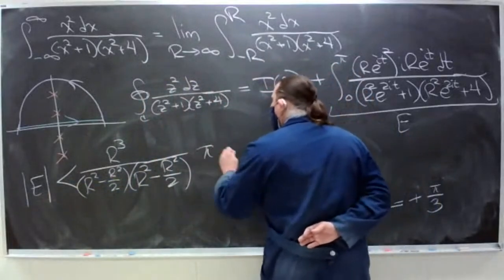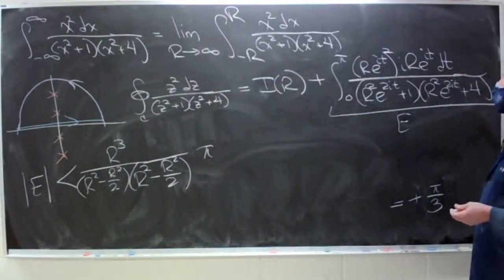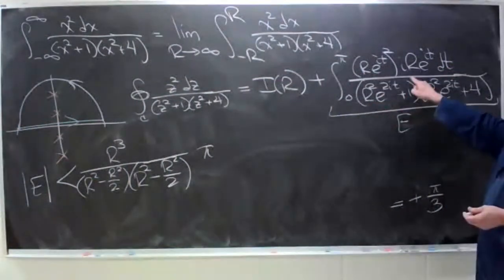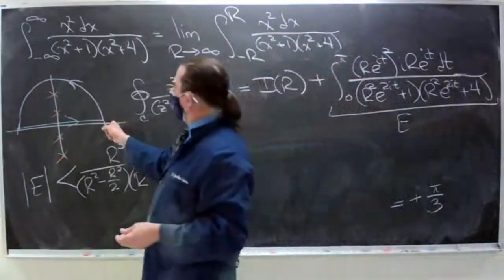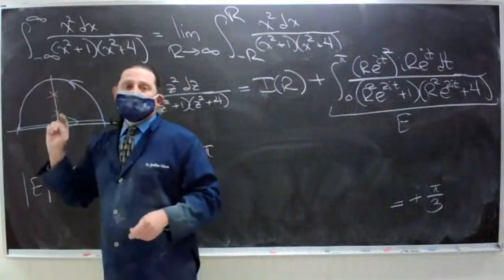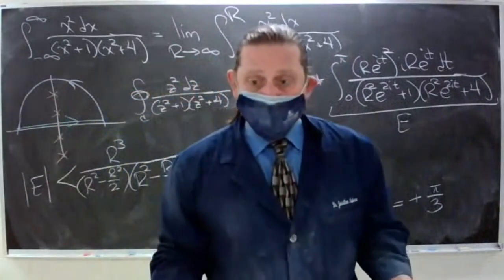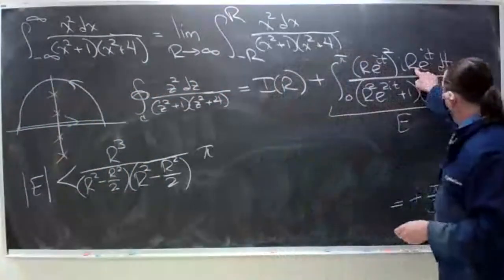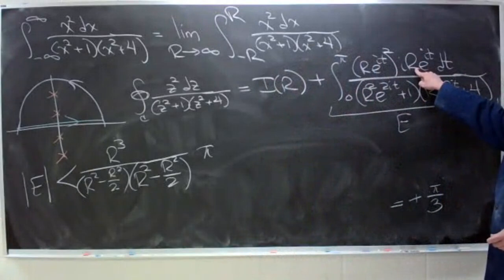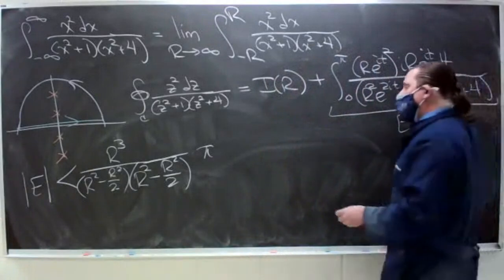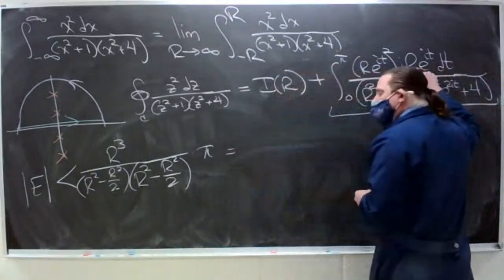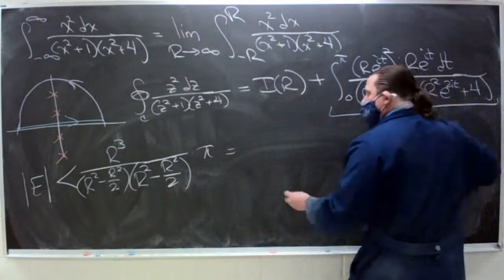At any rate, we multiply by the length of the path, which is pi. Notice, of course, the length of this path is pi R. That R is here from the differential. And so what is this?